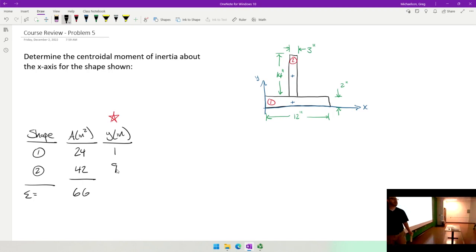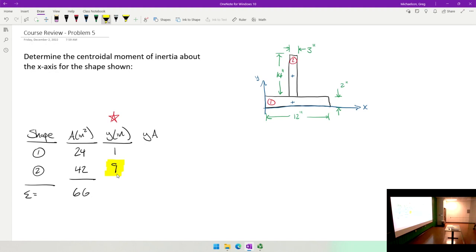When we compute a weighted average, that weighted average needs to be expressed from a common reference location, okay? So that goes from here, we go 2, and then half that, so 7. So like this value right here is probably the most important value in the entire calculation. If you understand that, you understand centroids.